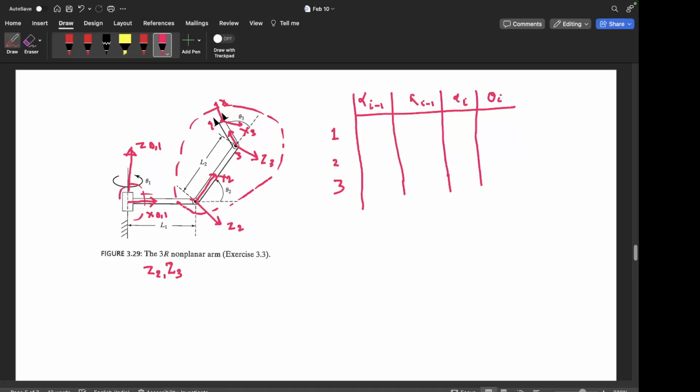The point that you mentioned, that it's a common normal between two consecutive z axes, is also correct, and usually they lie along the link lengths also.